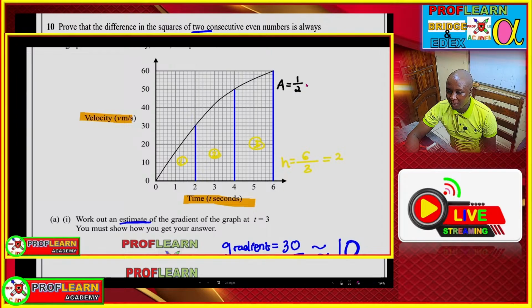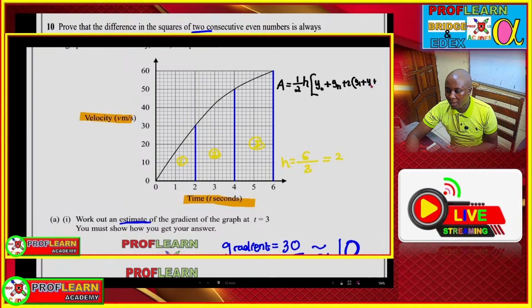So remember, trapezium rule is a half h into the end lines, that is y naught. At time 0 we are going to have 0 velocity, and at time 6 we are going to have yn, the height of the last strip there, which is going to be 60.